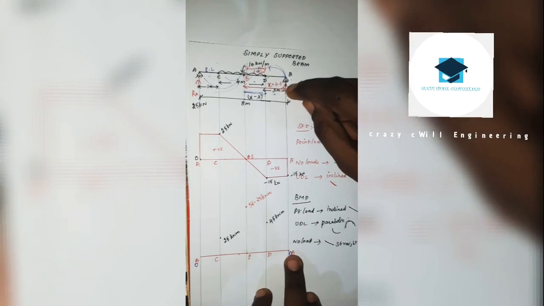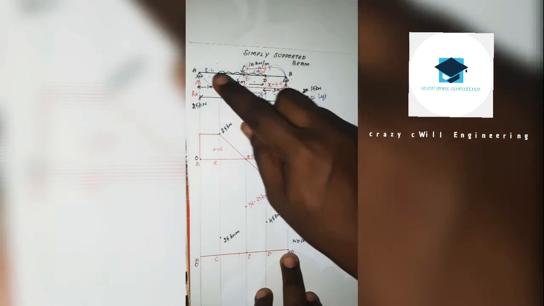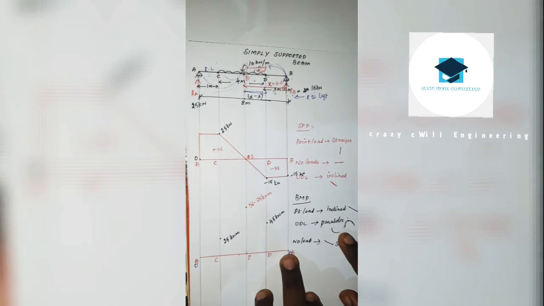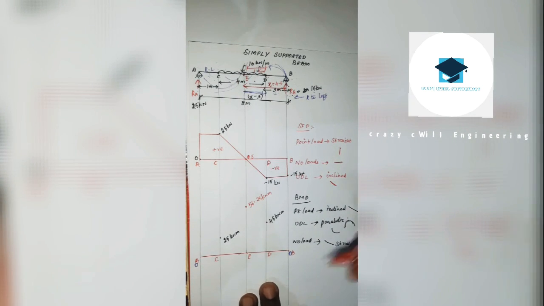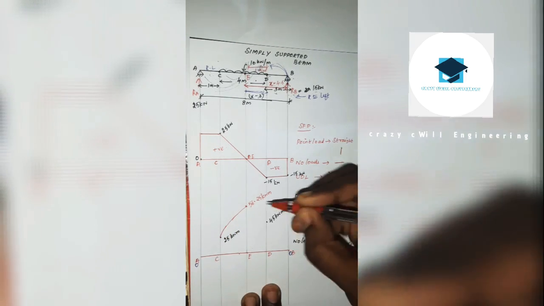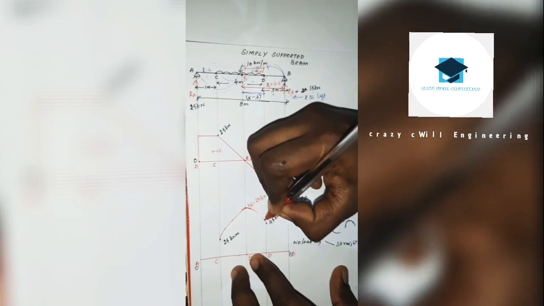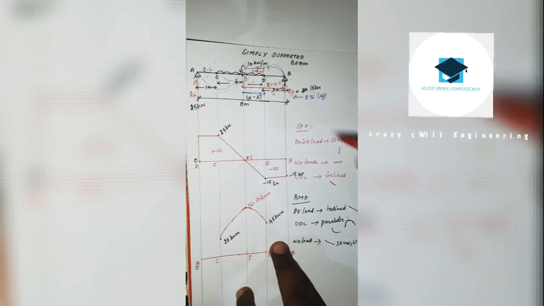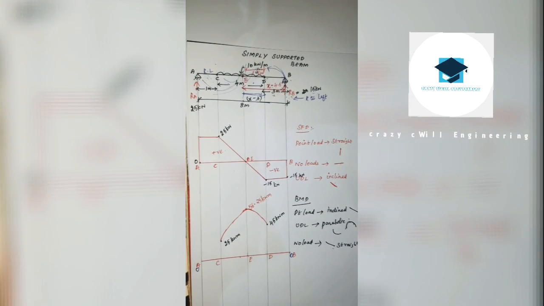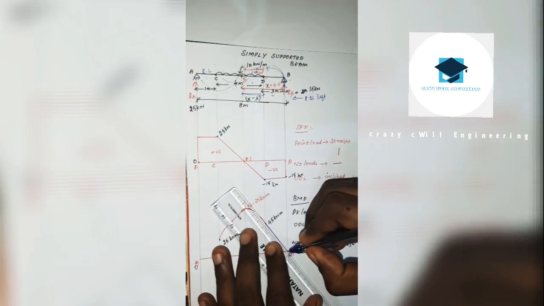Here see the question. Here one point load is acting, so 0. Again, between the portions having a UDL it means parabolic, so draw it like this, a parabola. Here there is no load, so the line is an inclined straight line.